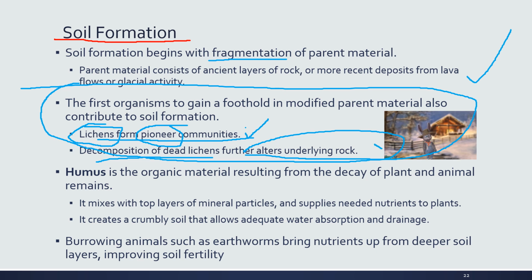So as rock is broken down into tiny little particles of soil, things like simple grasses and what we call annual plants, plants that live only a year, come in and take over this area. And they now undergo succession where they're replaced by other creatures that eventually help with soil formation. And they also contribute to the humus component.